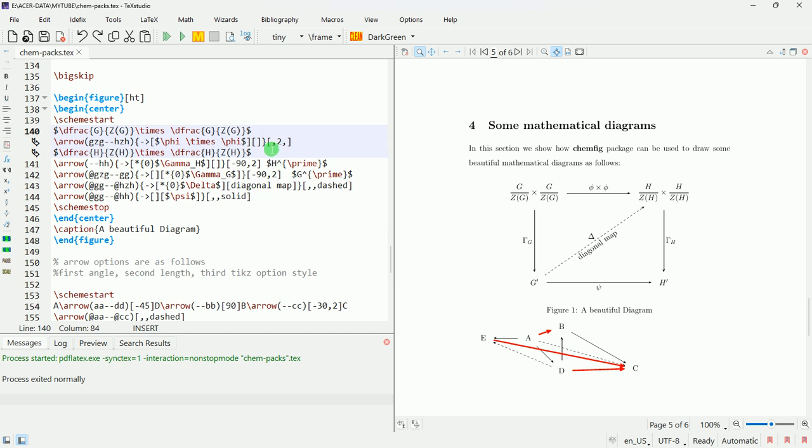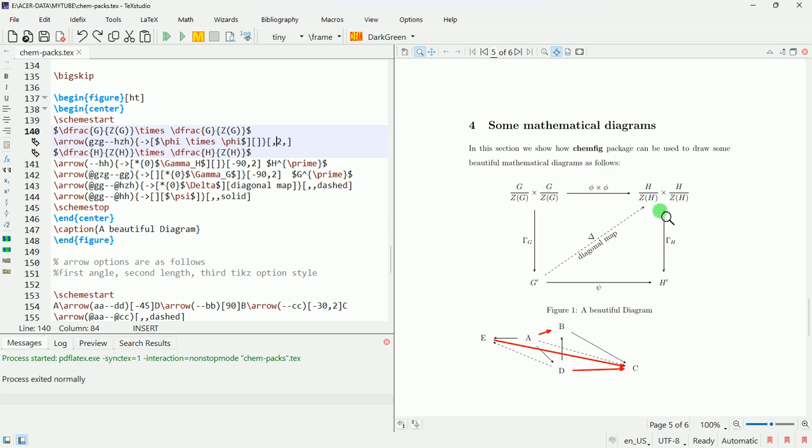And arrow options are like this. The first option is angle, the second option is length, and the third option is style option, whether you want a thick option. Dashed arrow, for example, here I have used dashed, so that this line is dashed. Then similarly for this also, this is written as arrow.